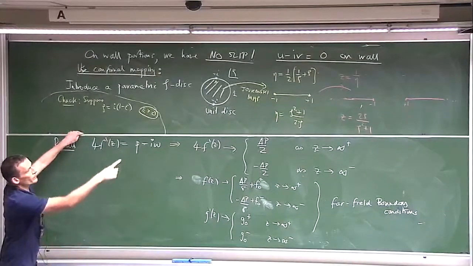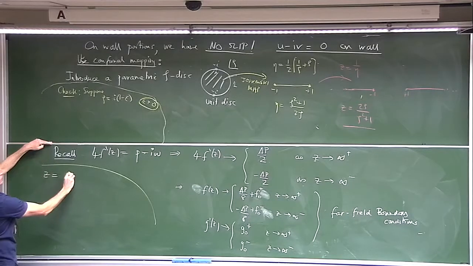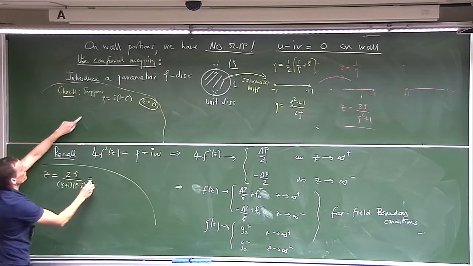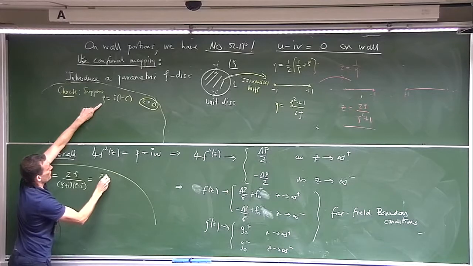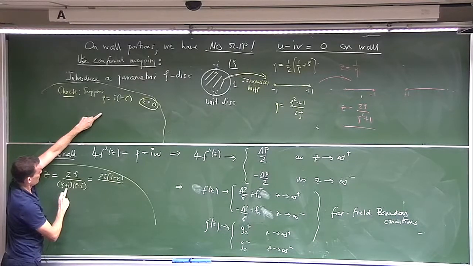Let's look at what happens to z. Well, let me factorize it. Okay? Then we substitute this, it's 2i(1 minus epsilon) divided by this one. What's this one?